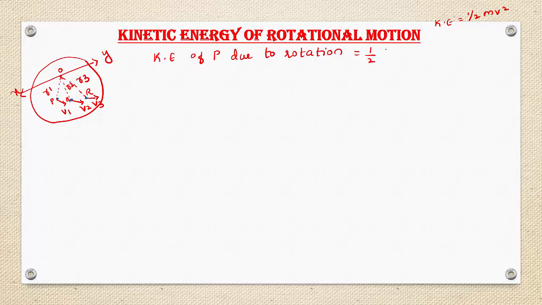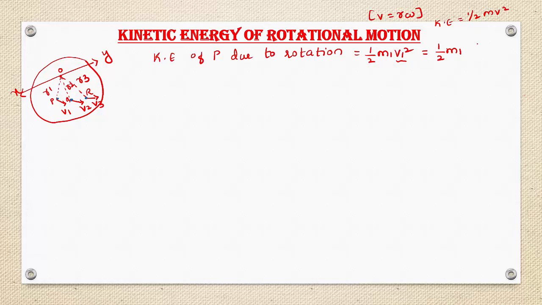In place of m, I can write m1 because it is about the first particle, and the velocity is v1. So half m1 v1 square. This equation can also be written as half m1, keeping it as it is. In place of v1, we have the formula v equal to r omega. This equation we can utilize here.